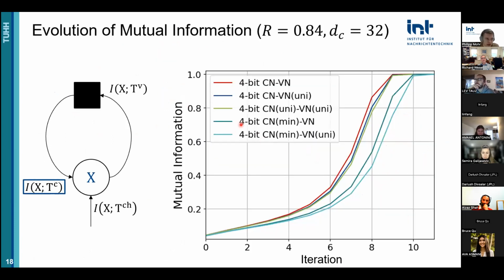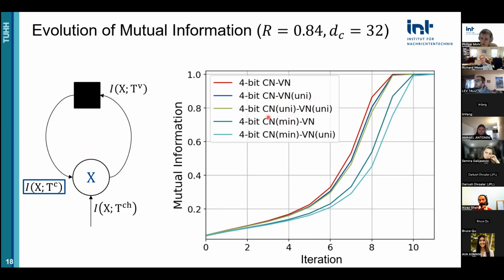And we can also take a look at the evolution of mutual information if we do multiple iterations of decoding. In this analysis, we see that the red line is the optimal non-uniform solution, and the restriction to uniform boundaries at the variable node or at the check node still gives very similar performance.